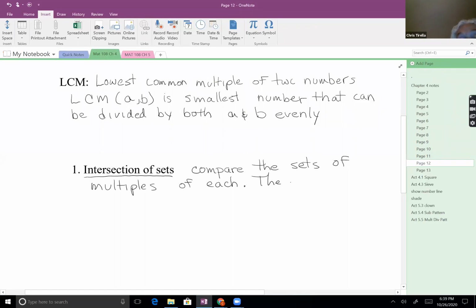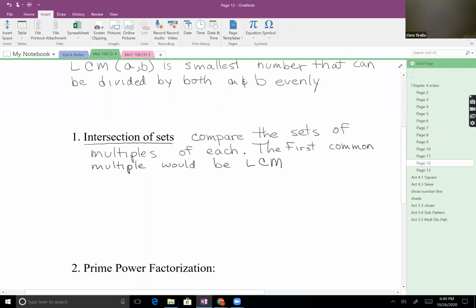The first common multiple would be the LCM. So I'm going to be a little bit lazy and use those two numbers that we've been beating the bush with and try to find the least common multiple of 24 and 54.